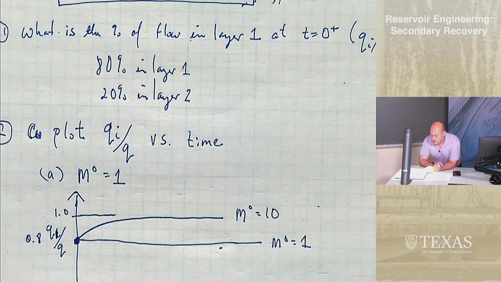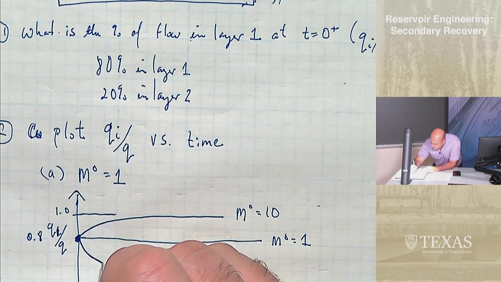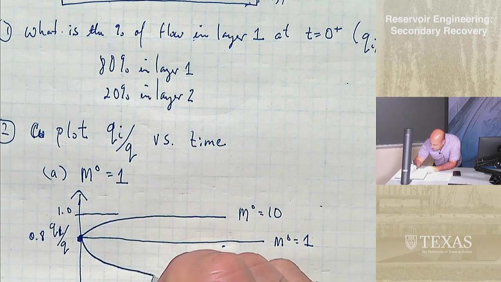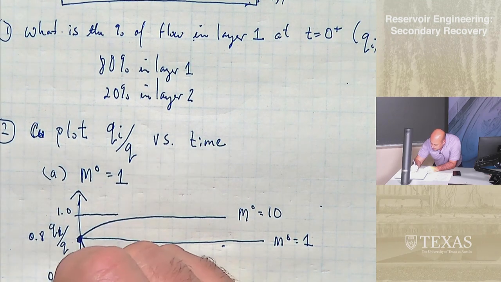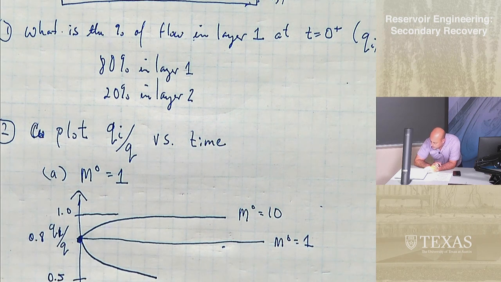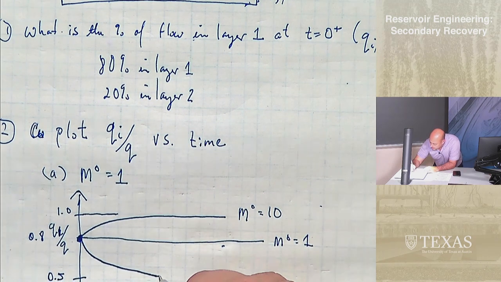So it's going to be harder to go in layer number 1 than it was before. It might still be easier than layer number 2, but it will be harder than it was. So it's going to decrease with time. I think it gets to about 50%, and then it gets to breakthrough.